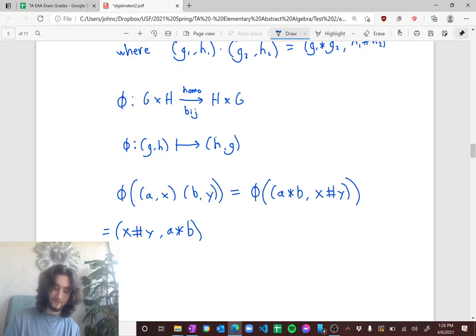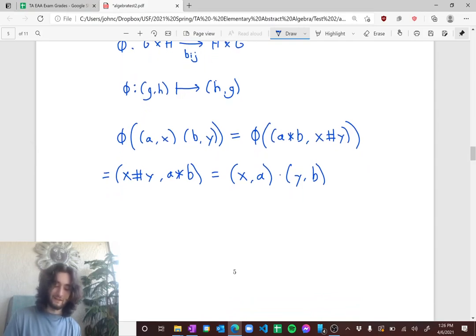Notice now this is in H, and this is in G, which means this whole thing is in H cross G. And in H cross G, you can write this as XA times YB.